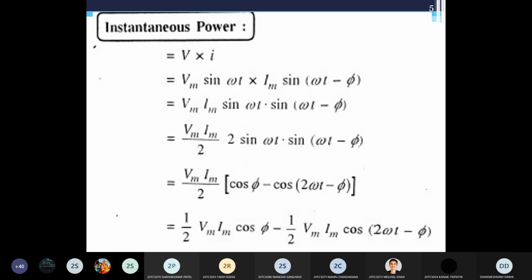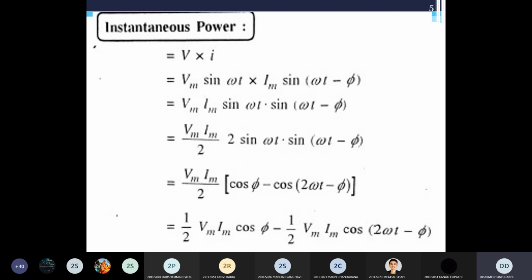How does this element change with respect to frequency, or does it not change? What is the name of this first component, 1/2 Vm Im cos phi? And what is the name of the second component, 1/2 Vm Im cos 2 omega t minus phi?